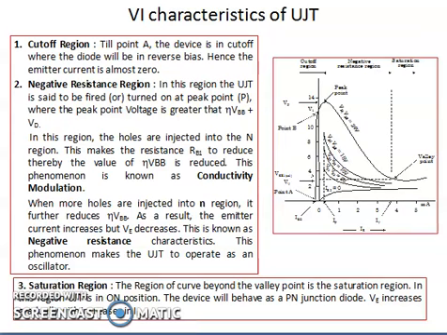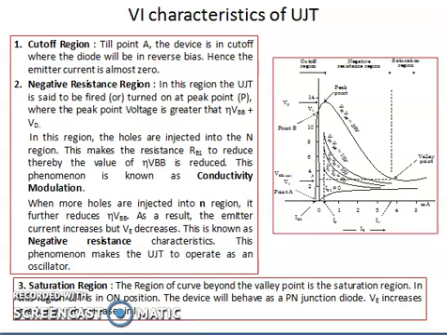In the cutoff region, till the point A, the device is in cutoff where the diode is in the reverse bias condition. Hence the emitter current is almost zero, and the UJT is not in a conduction state.